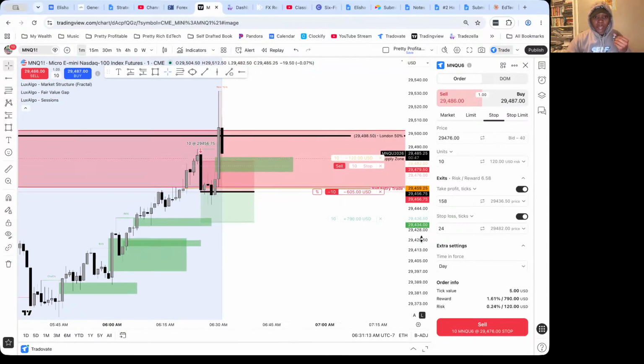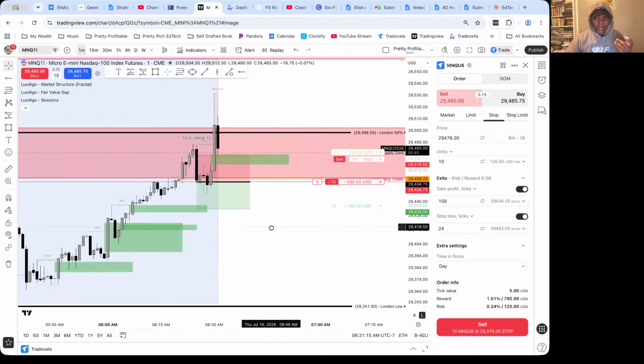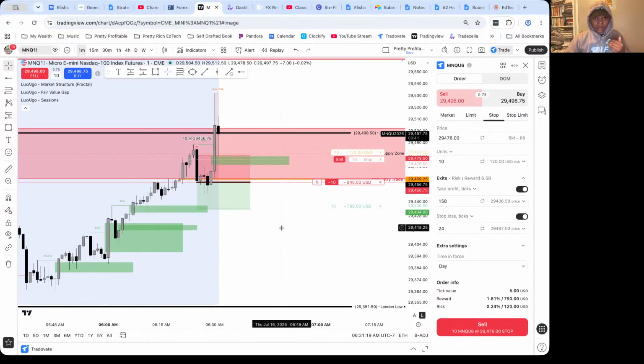Currently, because I did the stop order and it didn't hit, I'm going to see, hopefully it comes back down for me to at least be able to break even and get out of the trade. But now I know, wait until the market actually opens, because that supply zone is just, yeah.